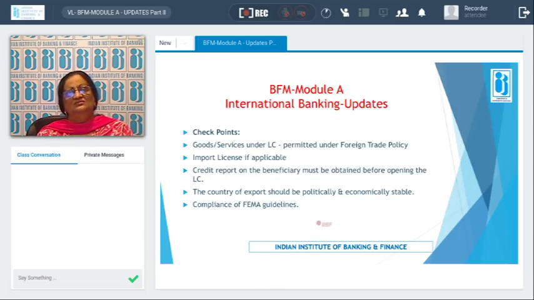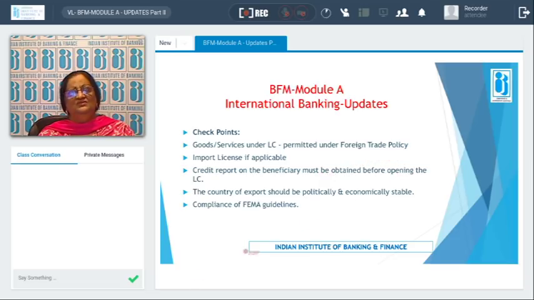Some other checkpoints are important as far as opening of an LC is concerned. The goods and services under the letter of credit: when an importer requests for a limit, or requests after the limit is sanctioned for opening the letter of credit, the banker must ascertain that the goods being imported are permitted by the foreign trade policy in force during that period.